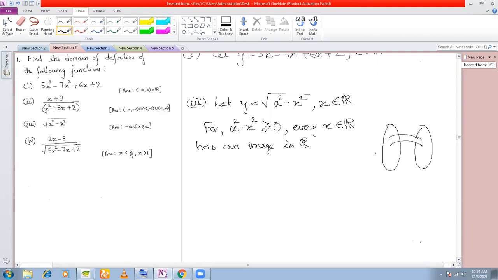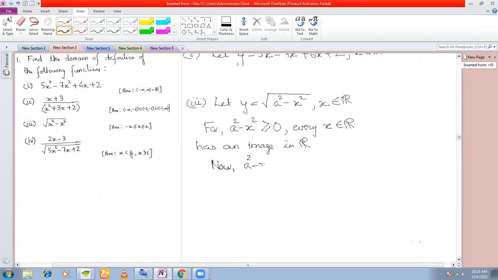Otherwise, if it is negative, then what will happen? Will it have an image in this set? No. In which set will it have an image? It will have an image in the complex number set, right? But we are concerned with real numbers. So that's why we say a square minus x square greater than or equal to 0. And let's see what a square minus x square greater than or equal to 0 gives.